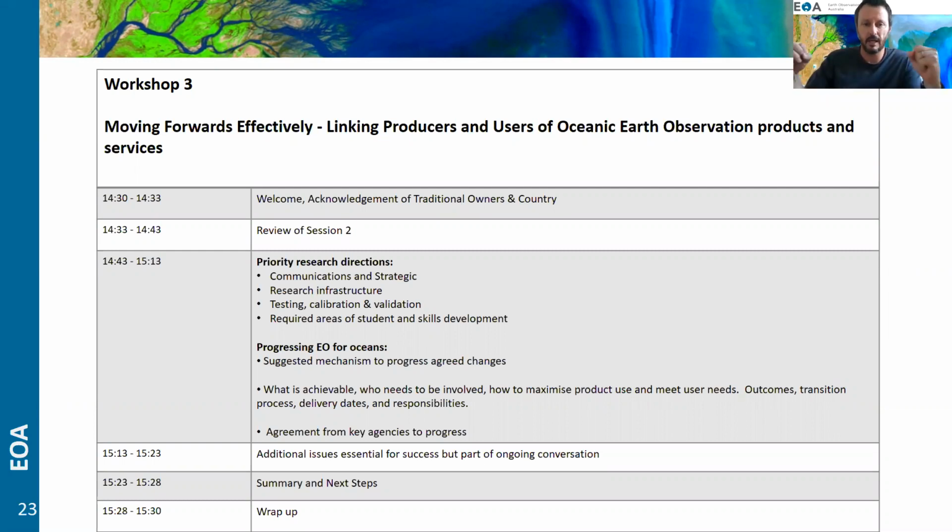Post-launch, there's still calibration and you're dealing with physical quantities, but then you actually get into the derived products as well. So that separation is the language around that. That's something that we've tried to push with the Space Agency's roadmap, to try and pull them apart. But you do need different capabilities for doing those as well, in terrestrial and marine. So I think that's a really good point to include in there.